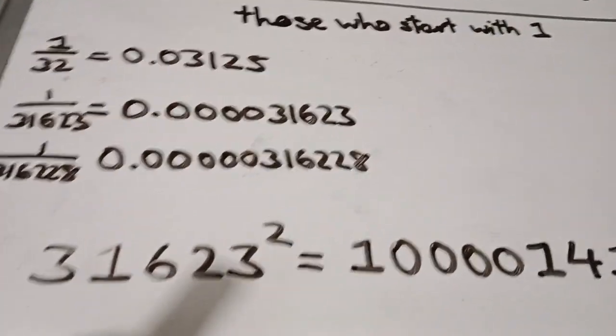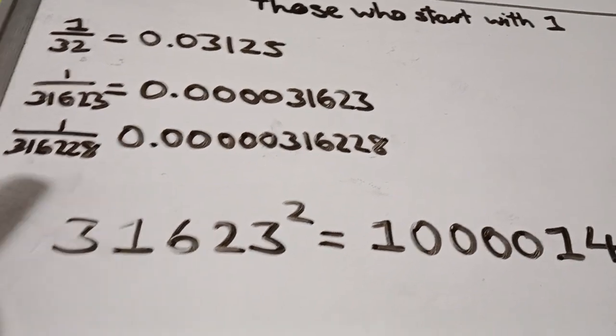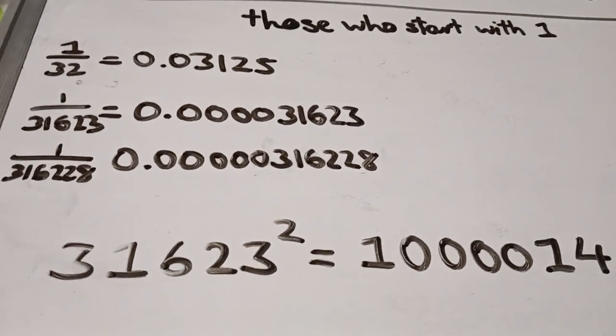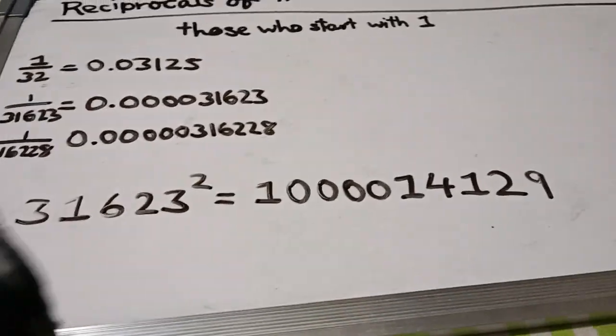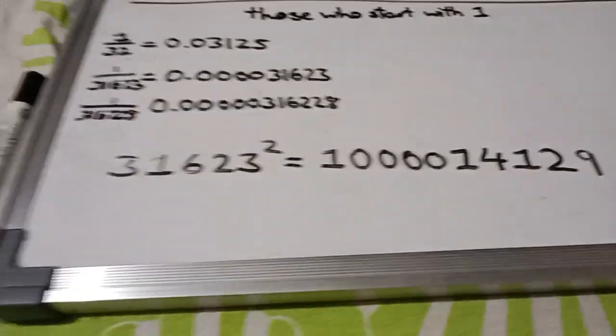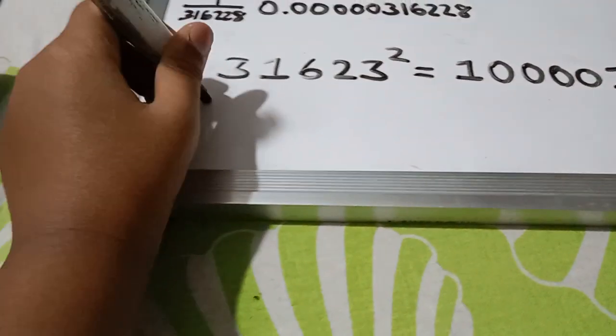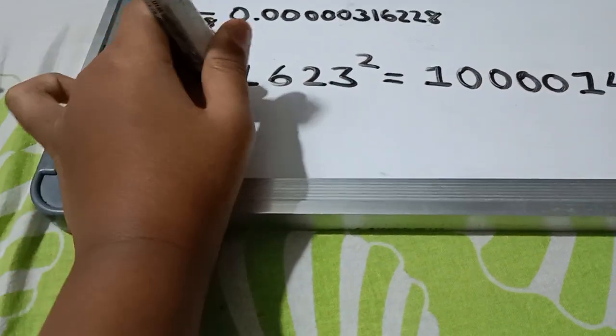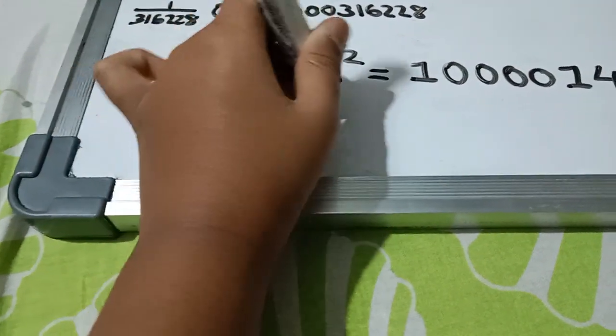So if you divide any number like that, it will always depend upon the number of zeros. Like, I will give you an example.